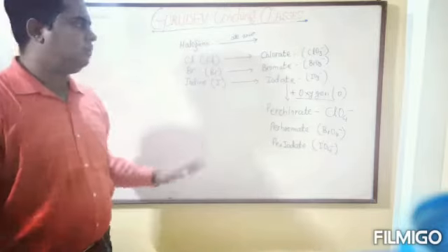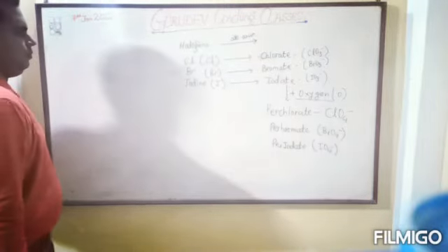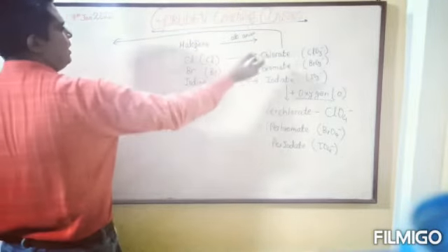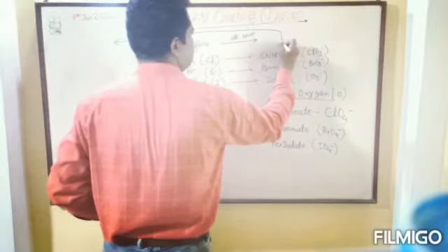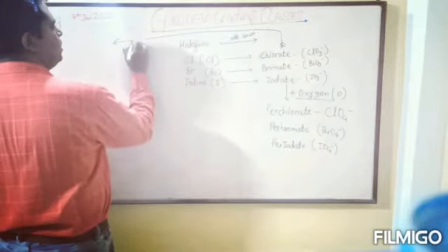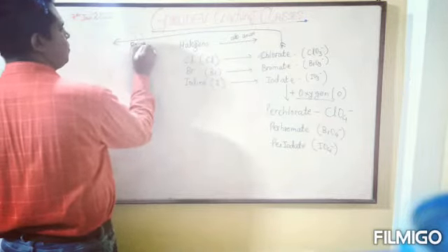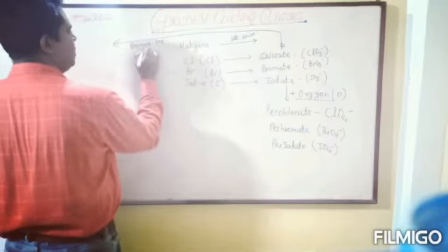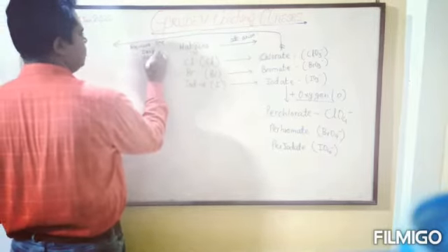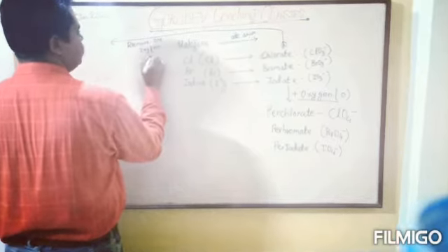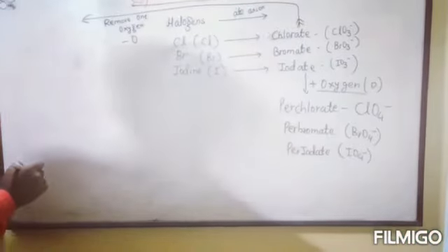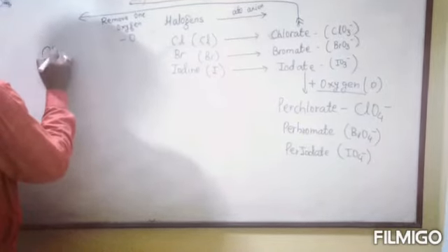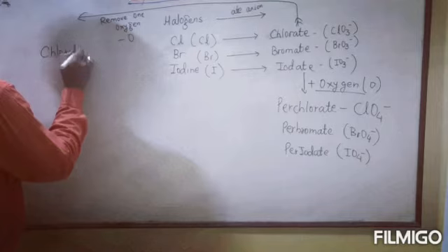See what happened. One oxygen is removed. What we are doing here? Please focus here. Remove one oxygen, minus O. First of all, chlorate will convert into chlorite.